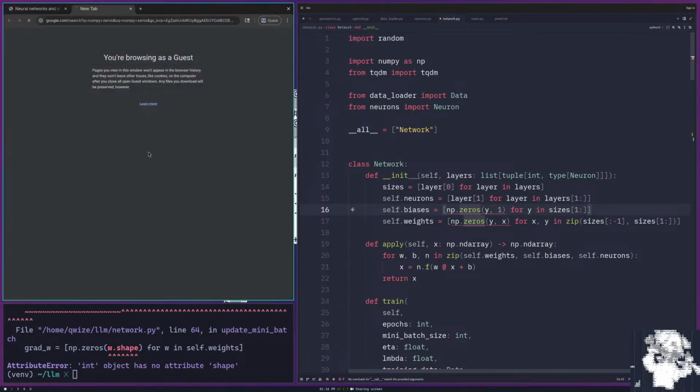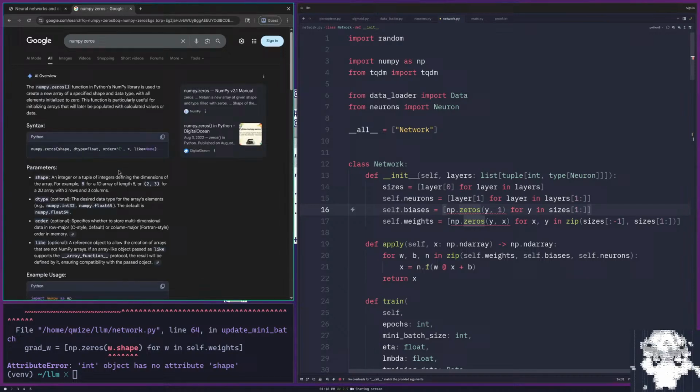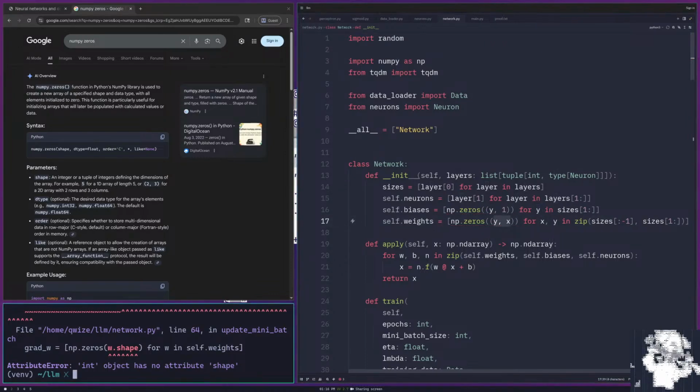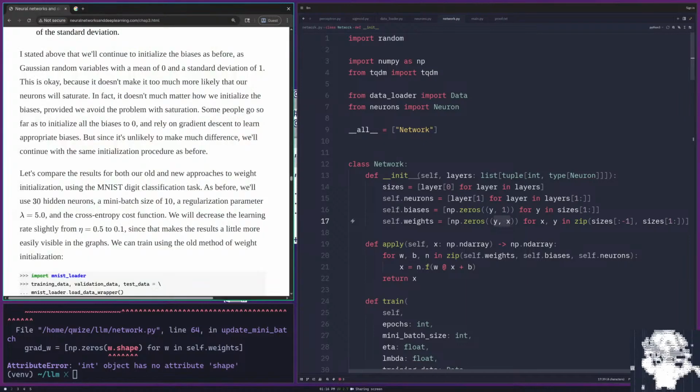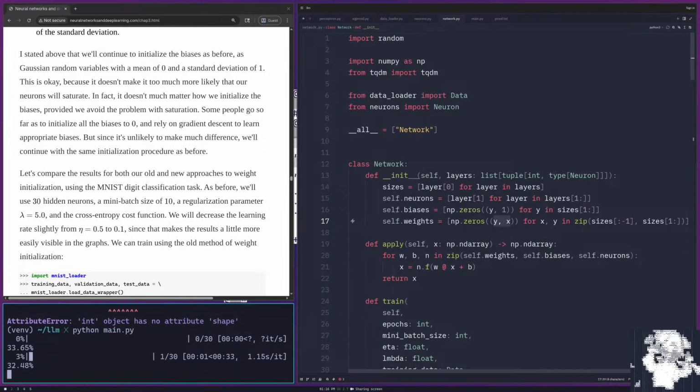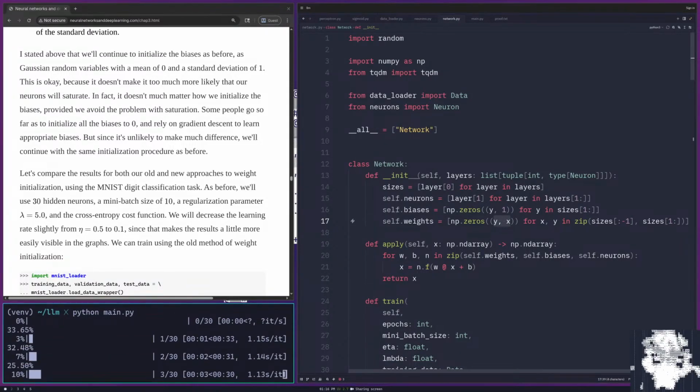NumPy zeros. Oh, I just need to put this as a tuple instead of as two separate arguments. How does that do? Bad. Really bad. It's not even able to learn.